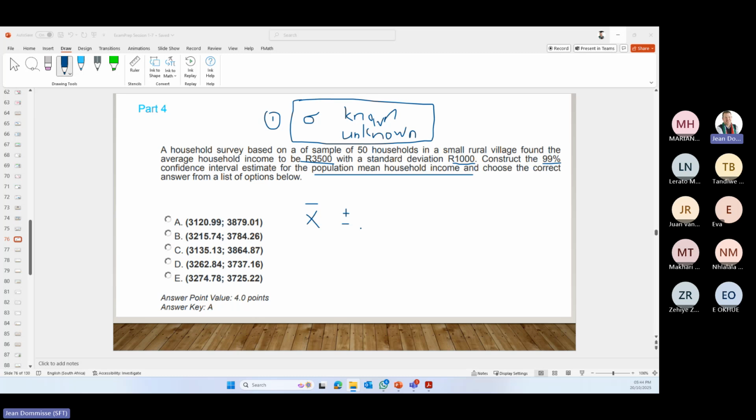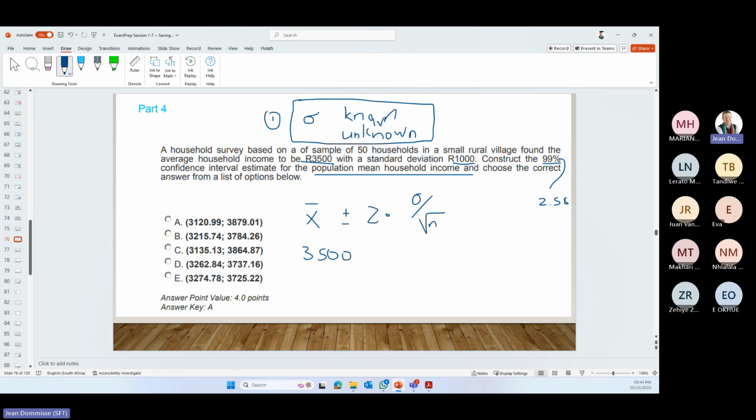Okay, so Z is going to be, okay, cool. Okay, so X is, what's the average? 3,500. If you just quickly check, it looks like that will add up to 7,000 divided by 2.